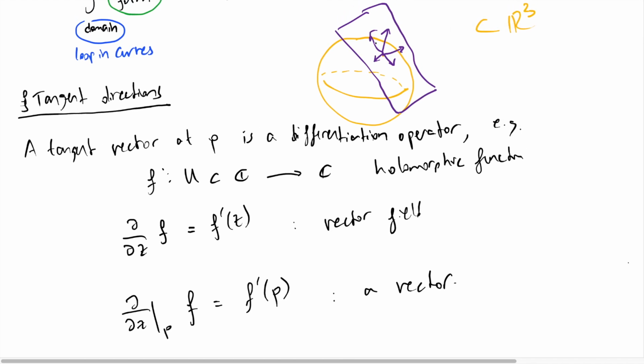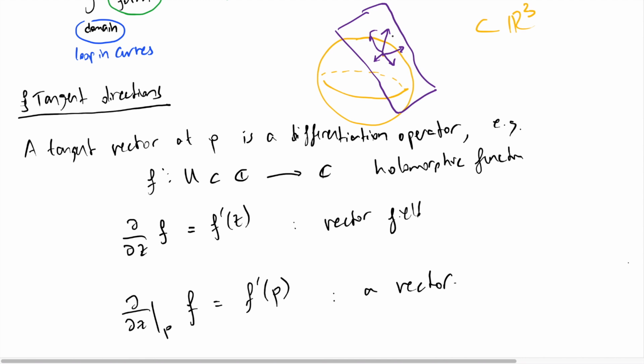If we were to go back to our picture, each of these arrows tells you in which direction you should differentiate f. So in the real picture, I can, for example, draw a path along my surface such that its tangent direction at this point is the vector of my choice. You restrict your function to that path, it becomes a single real variable function, and then you differentiate it using the one-variable scenario.